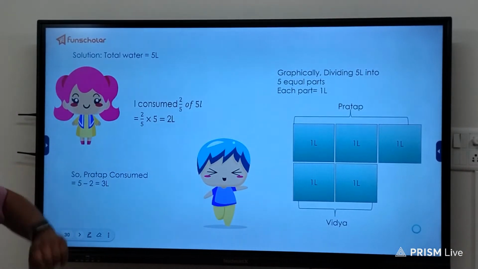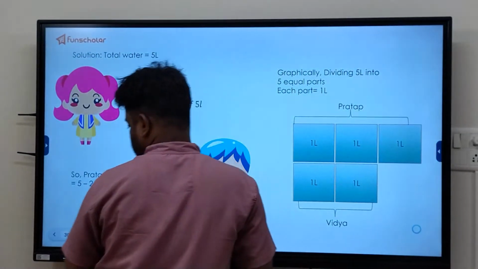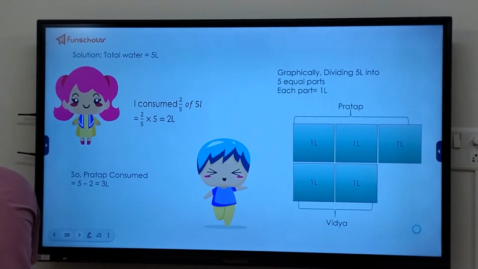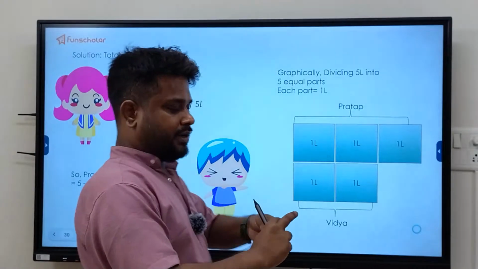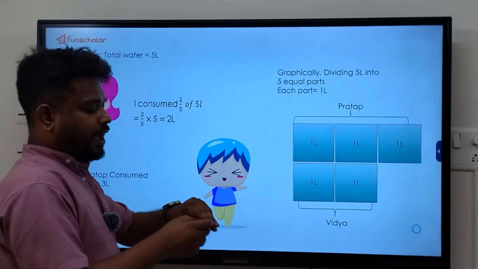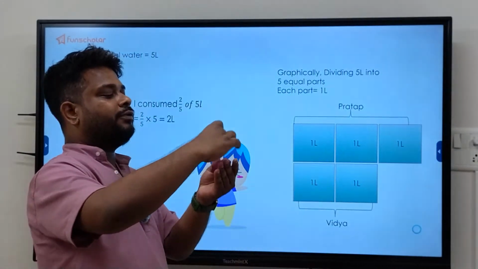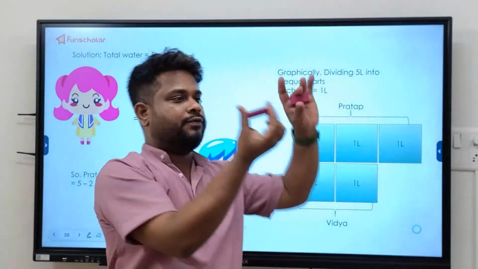Okay, and you can think of it graphically. If this is the total 5 liters of water, and we divide it like this, there are a total of 5 blocks.